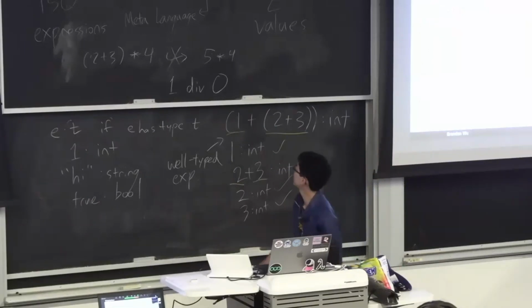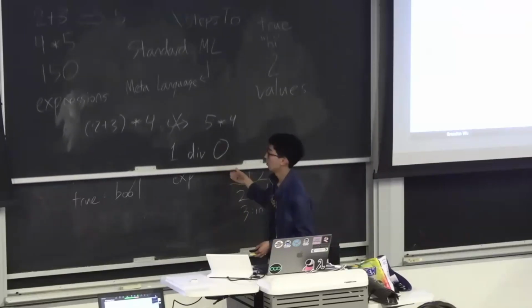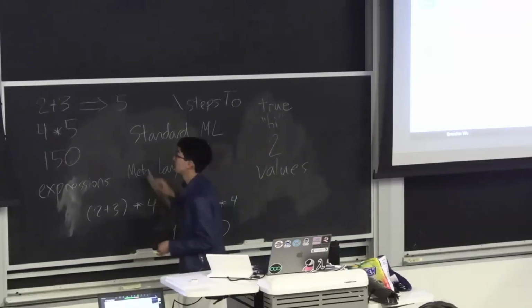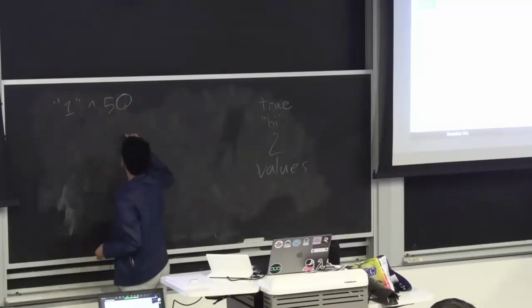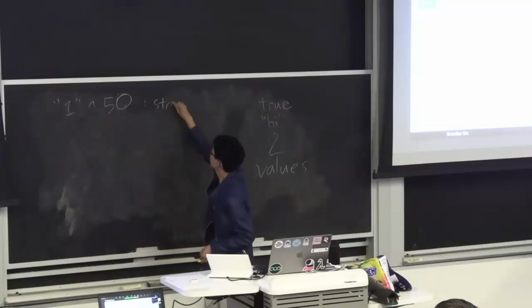What about the string 1 caret 50? Well, I'm going to show you something else. There's another typing rule for string concatenation: E1 concat E2 is of type string only if E1 is of type string and also E2 is of type string. So our hypothesis is that the string 1 caret 50 is of type string.